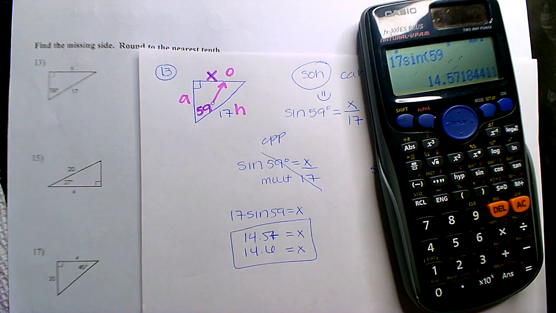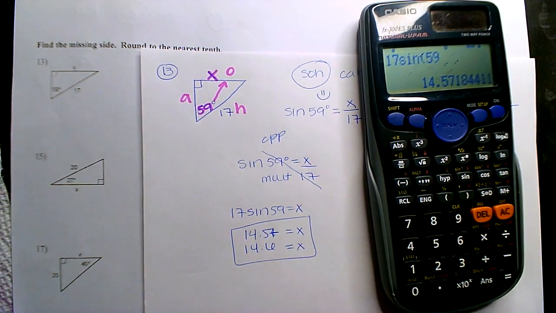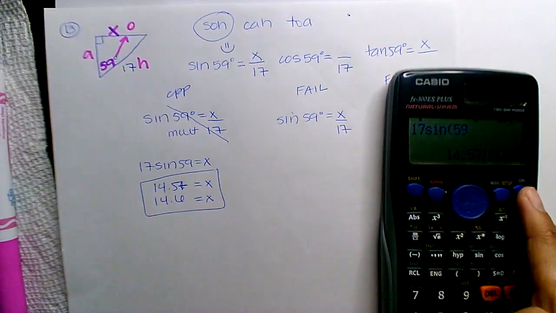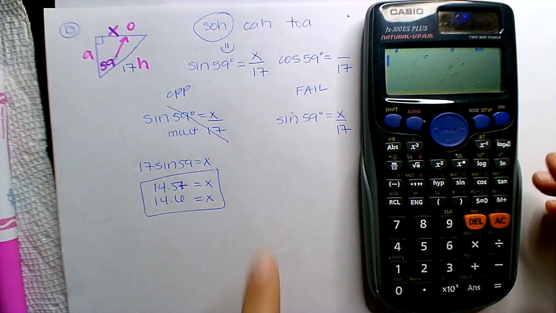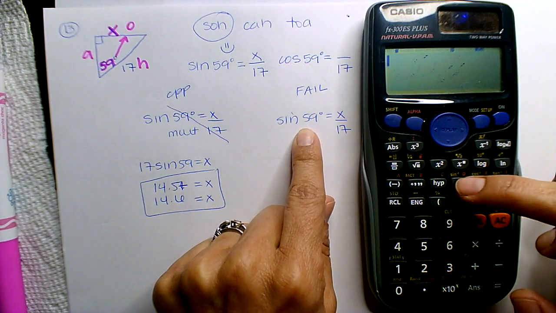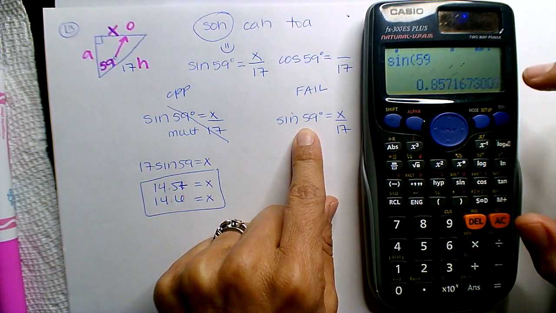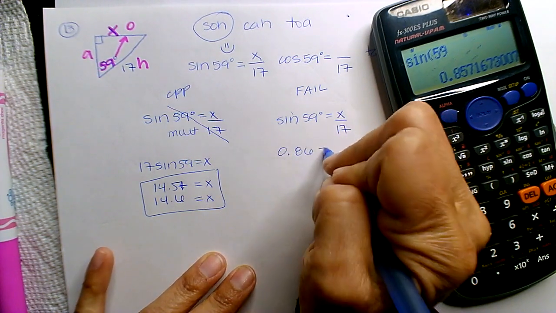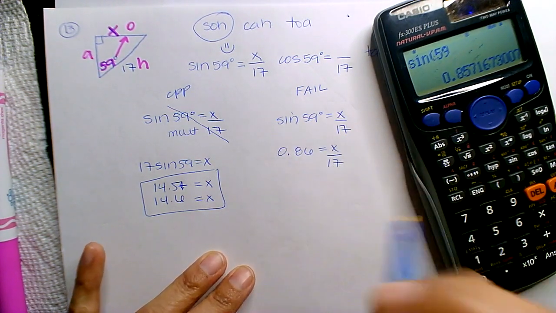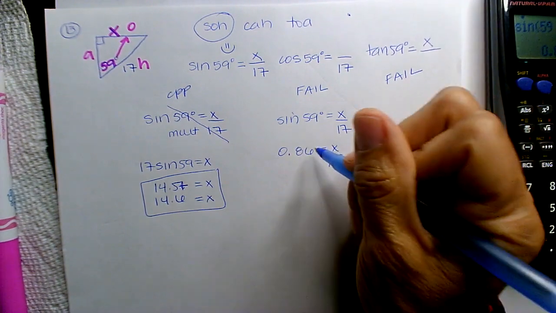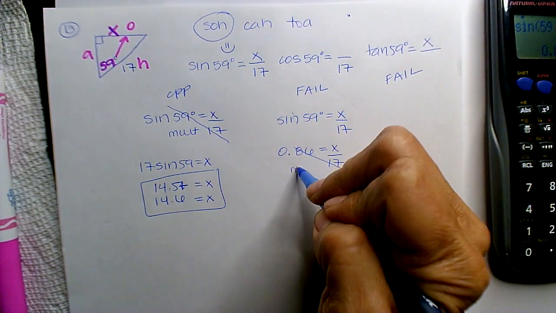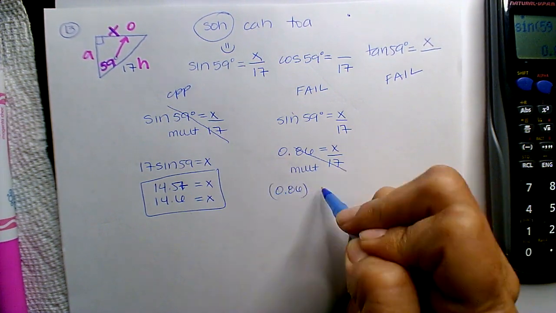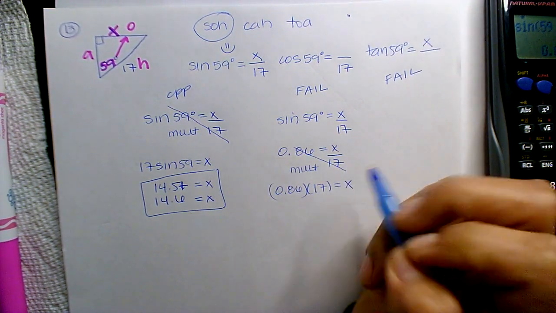Now that's if you're comfortable with the calculator loading everything. If not, you can solve it in baby steps. What's sine of 59? Sine of 59 is 0.86, which is equal to x over 17. Now you can cross product and multiply. What's 0.86 times 17?